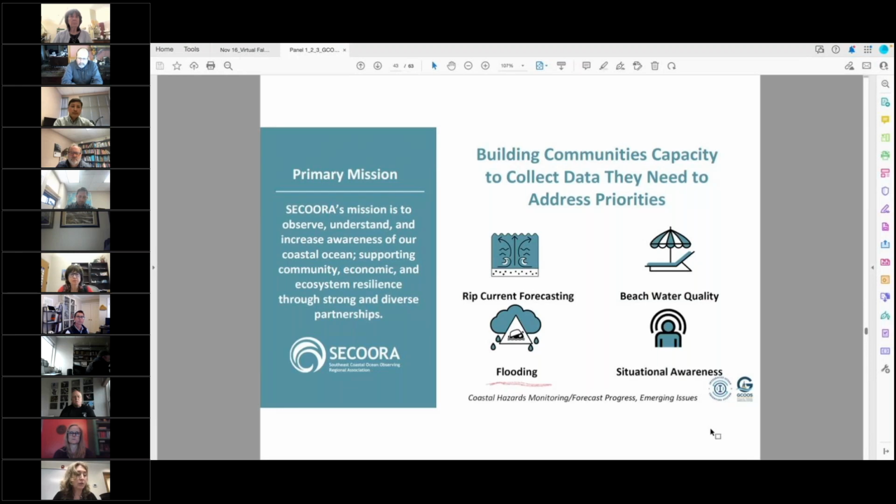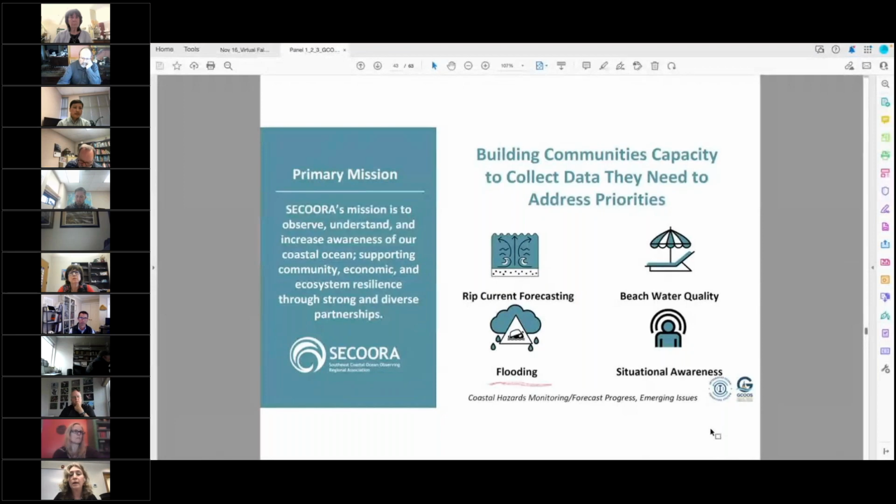We're looking at issues related to HAB, sargassum, and also bacterial contamination as hazards that are very critical to impacting coastal communities. We're building tools that enable local level decision makers, weather forecast offices, the Coast Guard, et cetera, to have situational awareness, because we have observing systems in place that are informing their decision making.